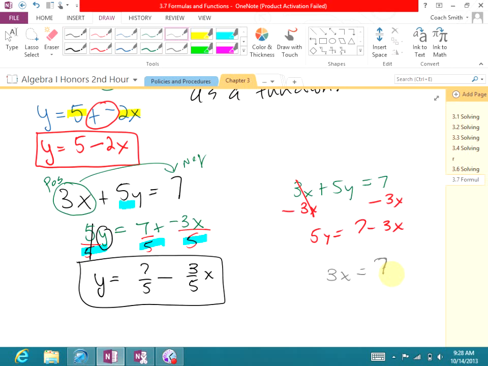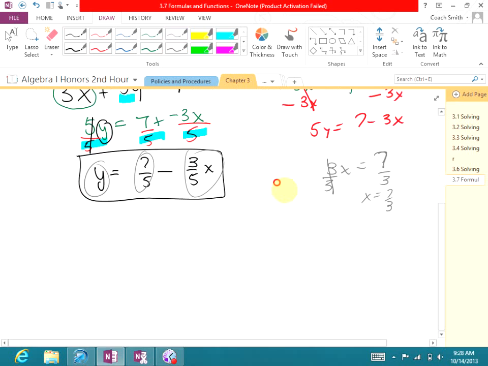Well, this one obviously has 2 variables in it. And so, normally we would have done this, and x would have been equal to 7/3. Okay? Well, because of that being there, we can't do that here. And these two are not like terms. They're not the same. So I cannot put them together.